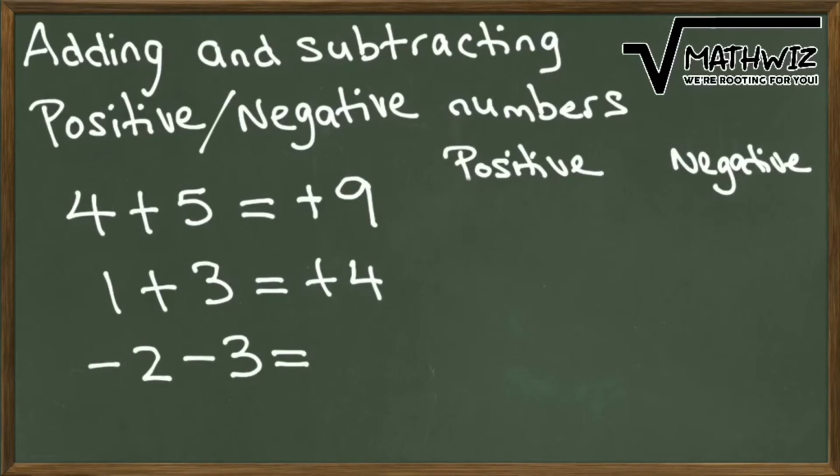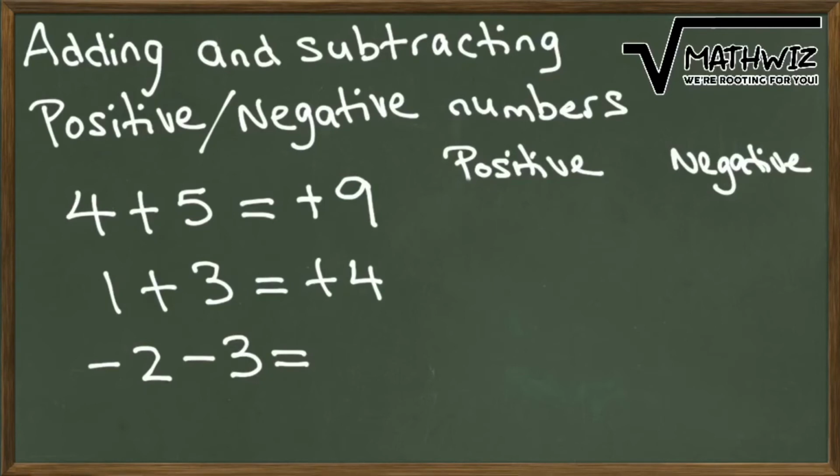Whenever you see the minus, that is indicating that it is a negative number. Even for these 4 that were here, we know that they are positive. So whenever you don't see a sign in front of a number, you are to assume that the sign is plus. It wasn't written like that, but you are to assume that it is plus.